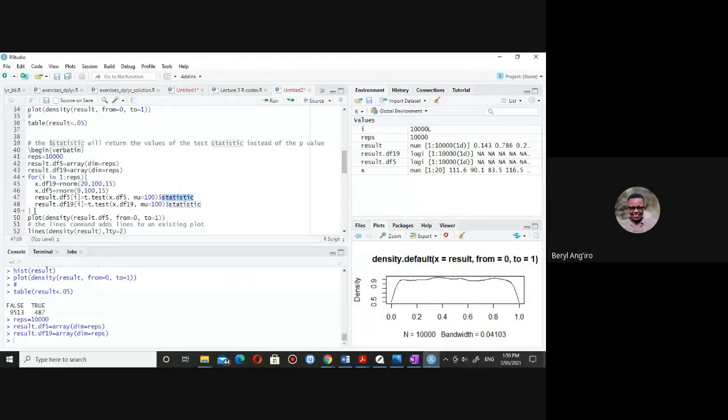Then for the 19 degrees of freedom, again, we're using the t-test on the 20 values. When we have 19 degrees of freedom, we are testing that mu equals 100, and then again we extract the test statistic.